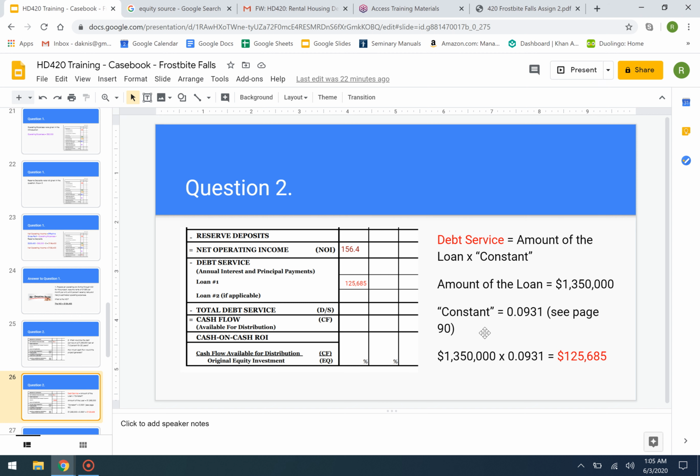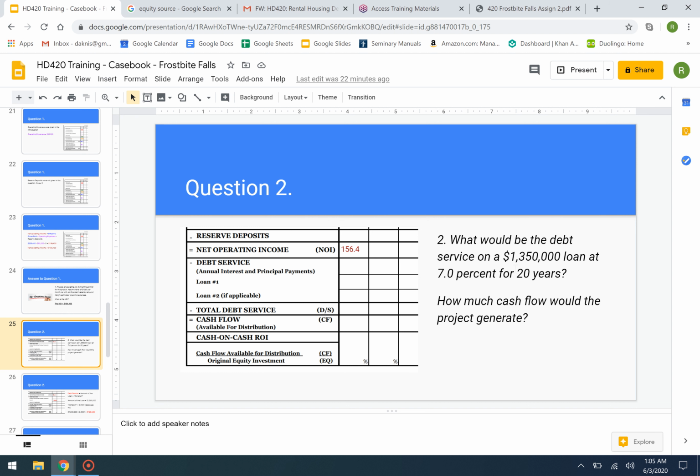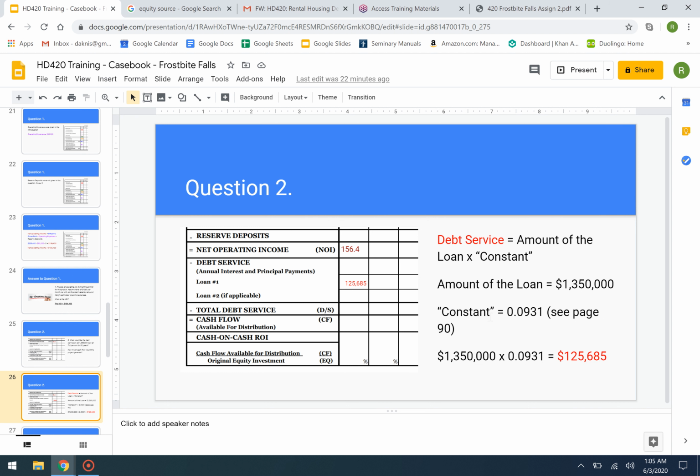Debt service is when you take the amount of the loan and you times it by the constant. The amount of the loan is $1.35 million. We got that up here from the problem set and from what we saw earlier. And the constant we know is 0.0931. You can find that on page 90. It's in the table of, you remember, there's about pages 89, 90, 91 that show you the different amounts.